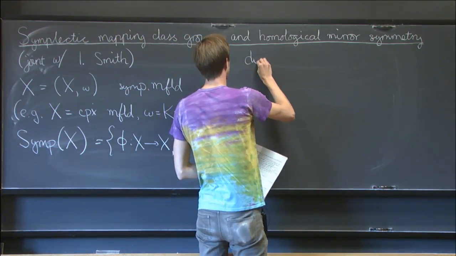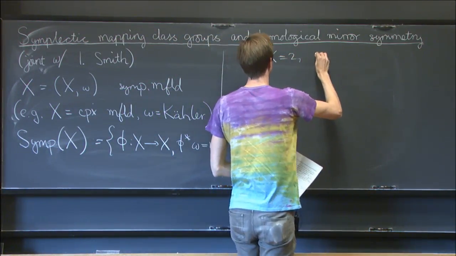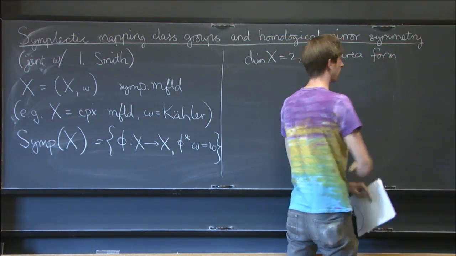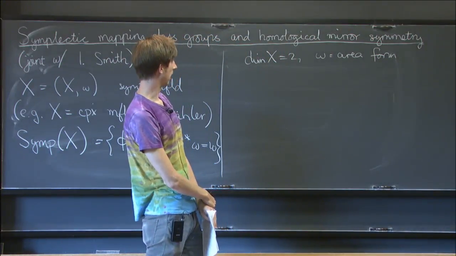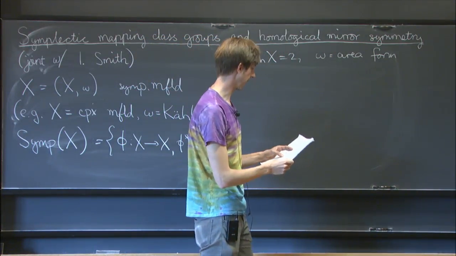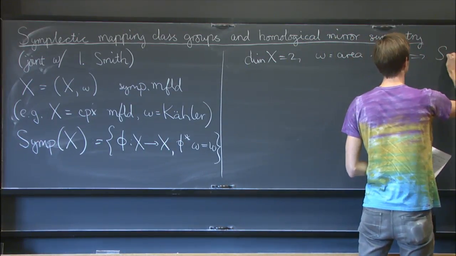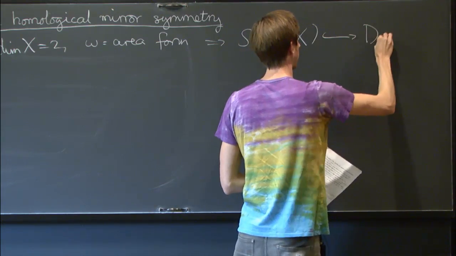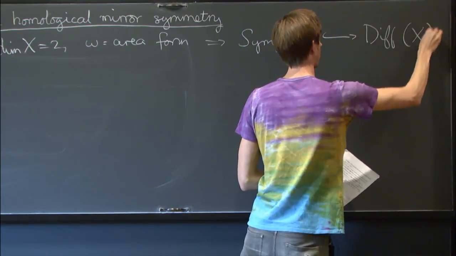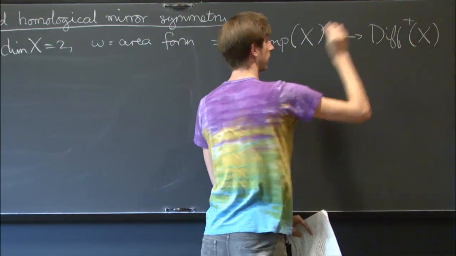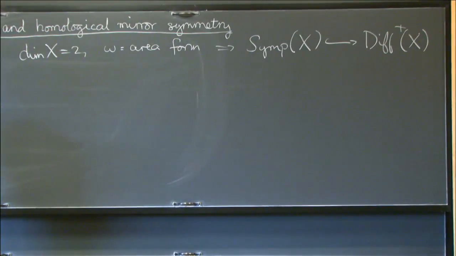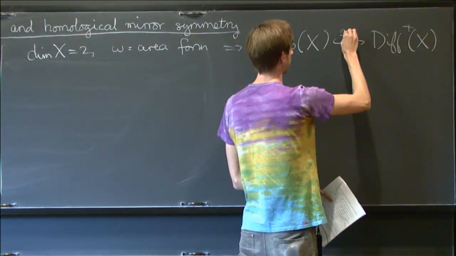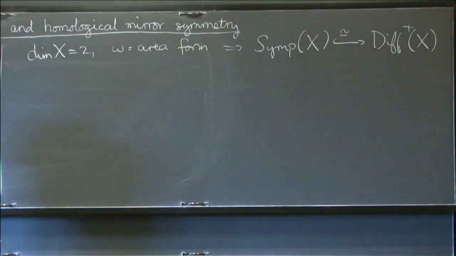So if X is a surface, omega is going to be an area form, then any symplectomorphism is an orientation-preserving diffeomorphism, and in fact this inclusion is a homotopy equivalence.